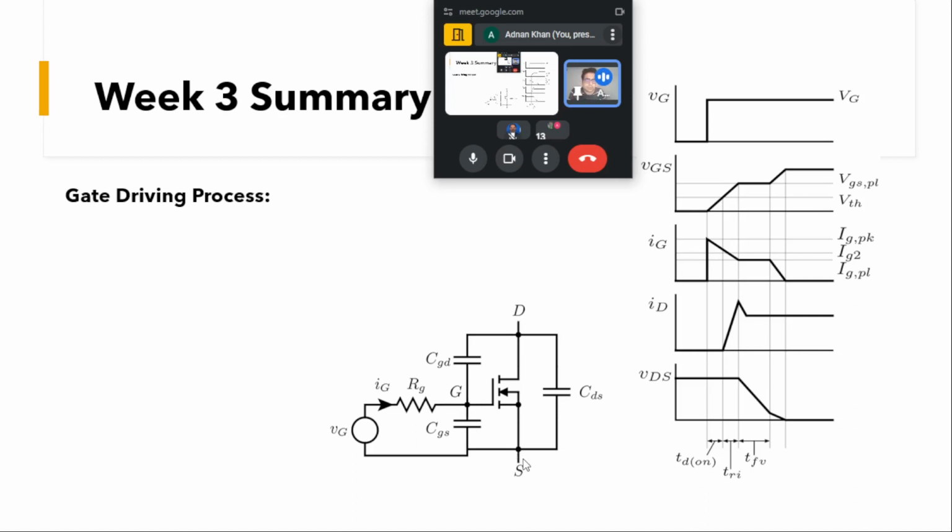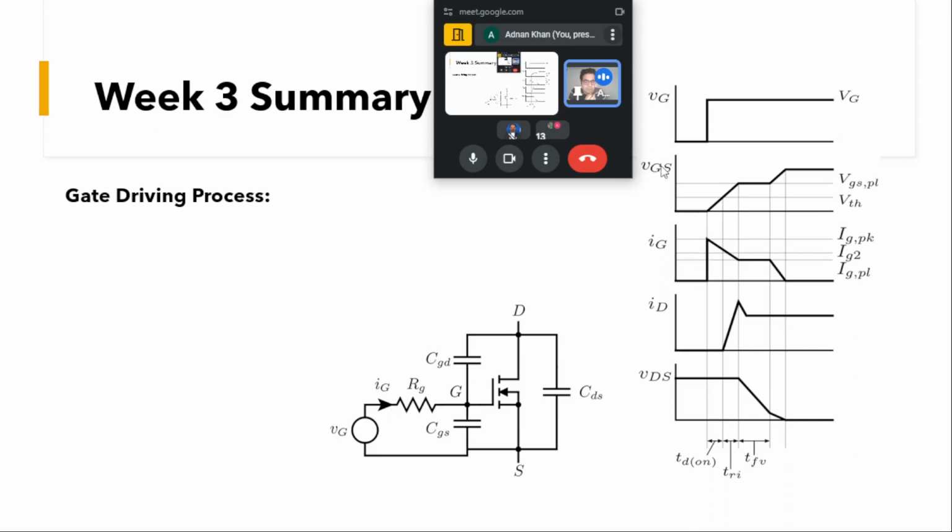Now we want to turn on this device. What will happen is, at this time we may apply some VG, a sufficient gate voltage, let us say 15 volts, in order to turn on this device. But as soon as we apply this VG voltage, some IG will flow. So our VG will come across this CGS, and it will charge this CGS.